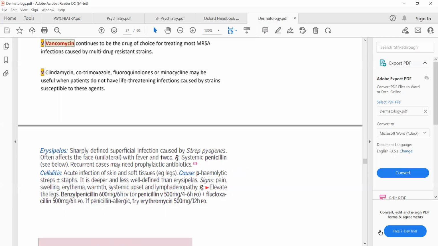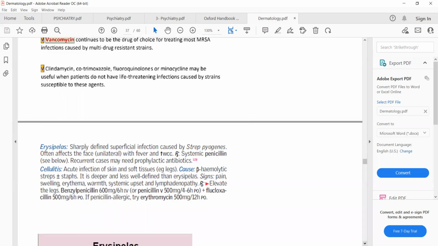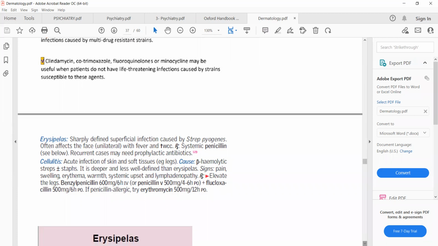Now, the second bacterial skin infection is erysipelas. Remember that the clinical presentation of cellulitis and erysipelas is almost the same, that is redness, swelling, and pain.